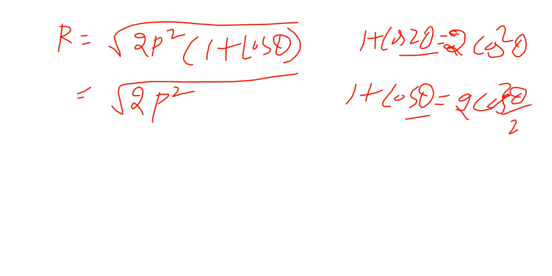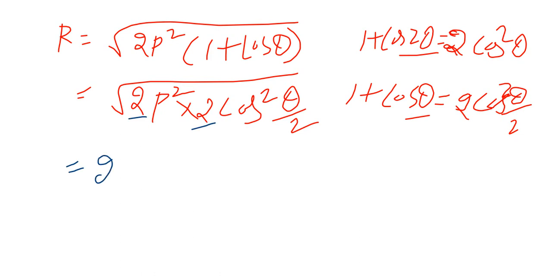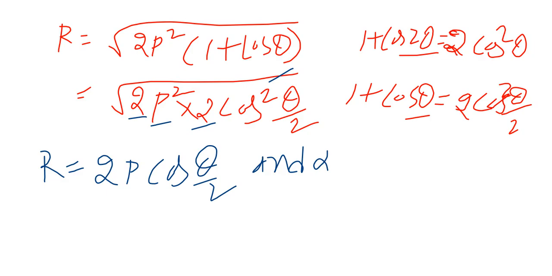So root 2 times root 2 means 2, root P square means P, and root cos square theta by 2 gives cos theta by 2. R is equal to 2P cos theta by 2. And alpha is equal to beta is equal to theta by 2.